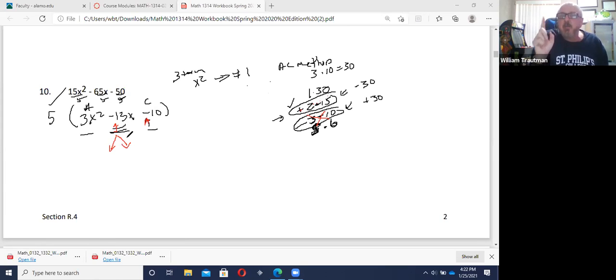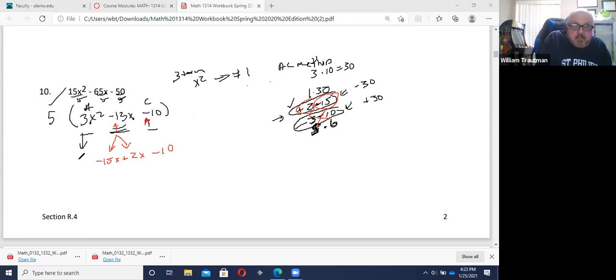Now, I don't like it when the third term is negative. So instead of +2 -15, I'm using -15x and a +2. I like that third term to always be positive if I can make it that way.